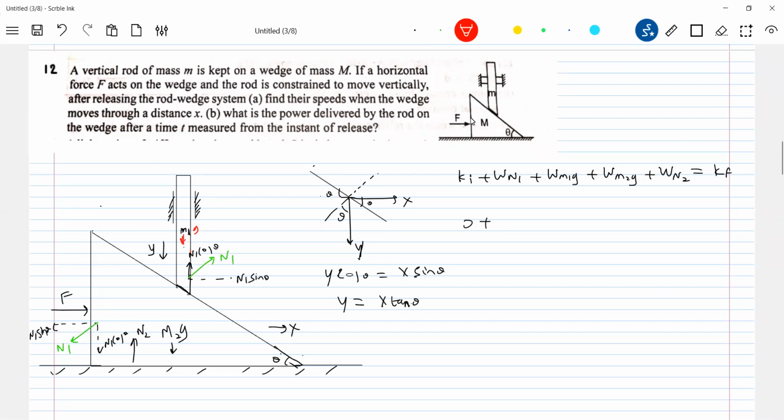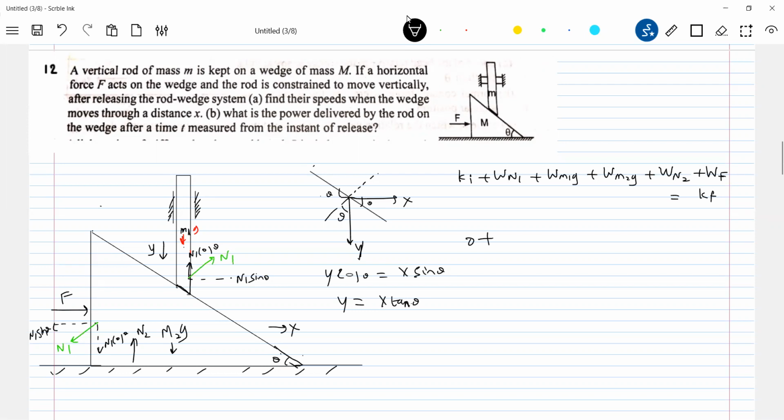Now what about the work done by the force F, sir? X agent is asking, no? I didn't write it, here I'll write it. Work done by the applied force equal to the final kinetic energy. Okay, this much.